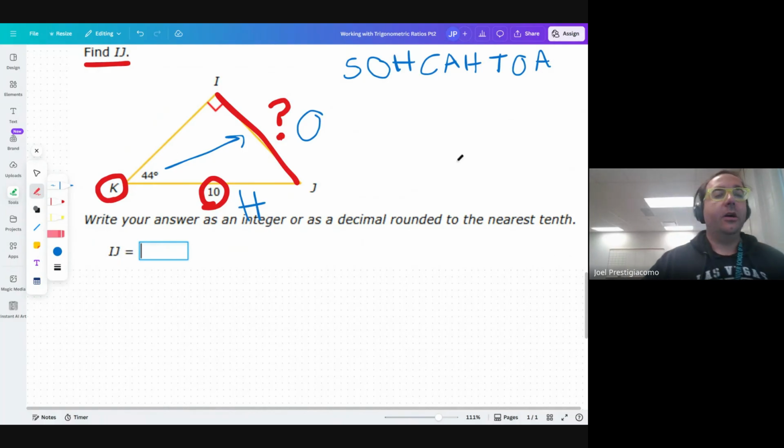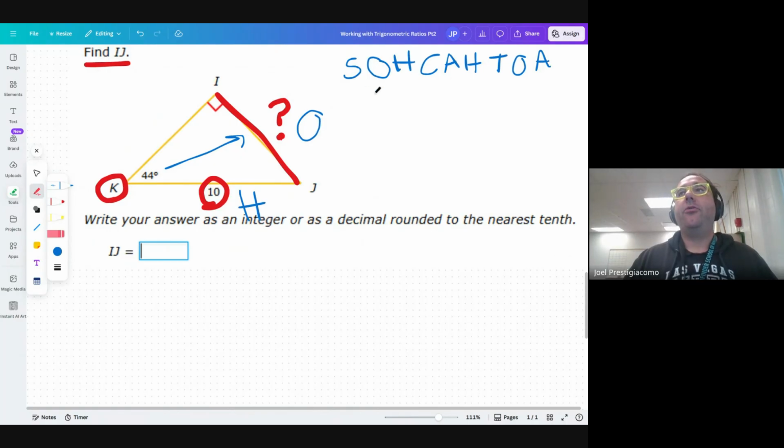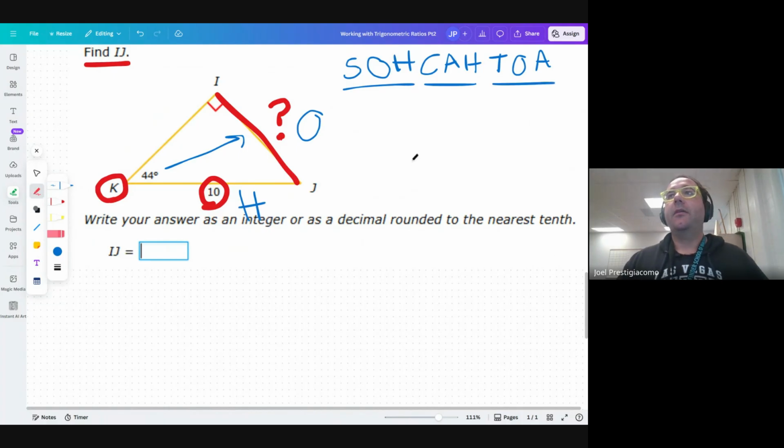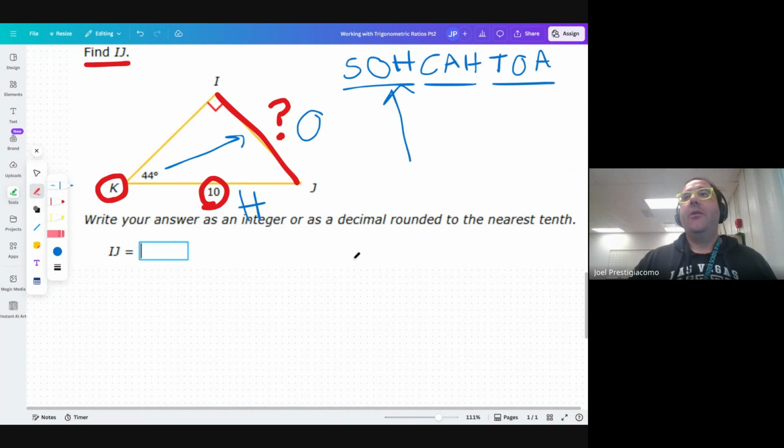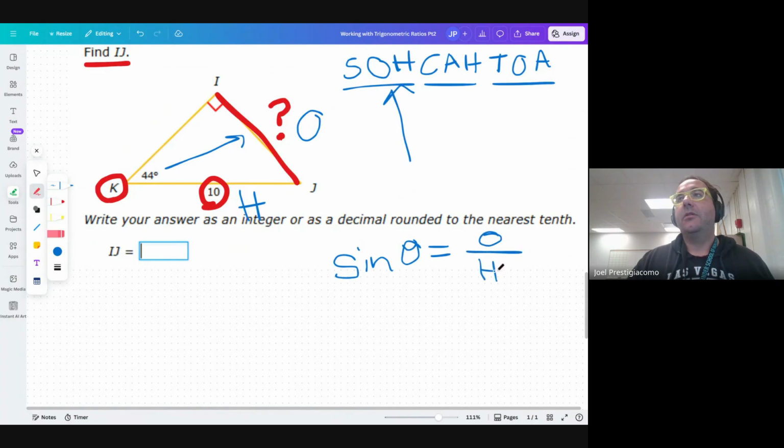Right, SOHCAHTOA, our little acronym here, and figure out which of the three pairs uses O and H. Now that's sine, SOH. And what this tells us is that the sine of an angle, again, this is just a dummy angle here, is going to equal the opposite side over its hypotenuse.